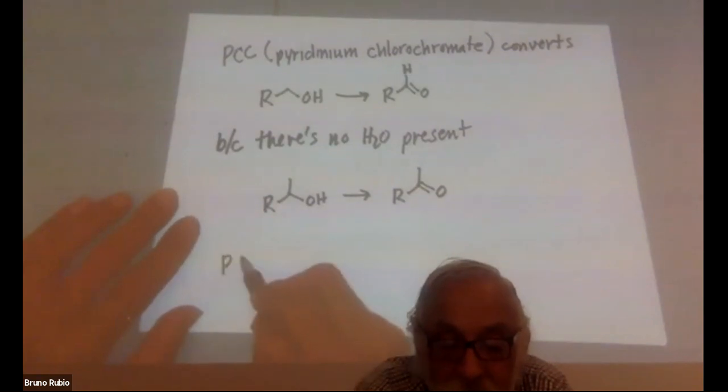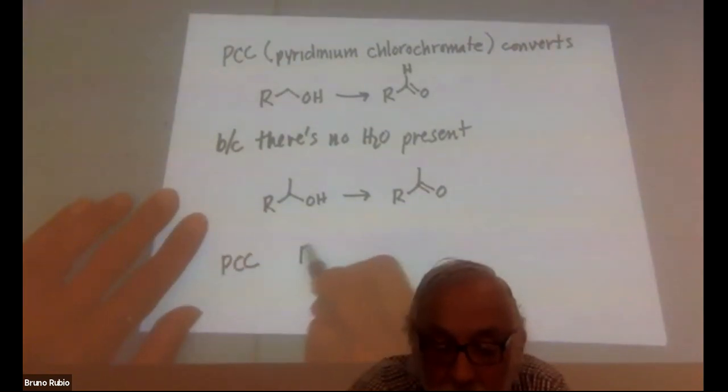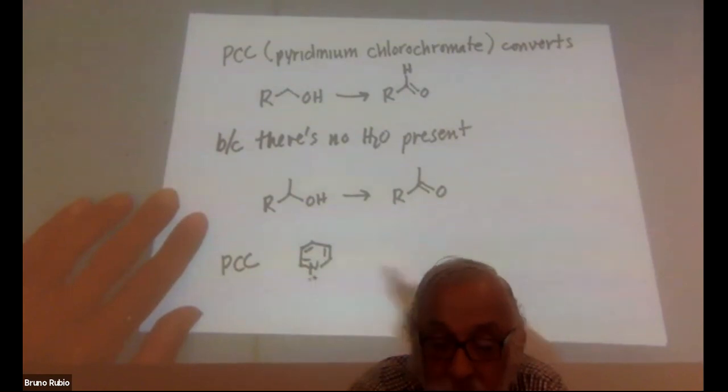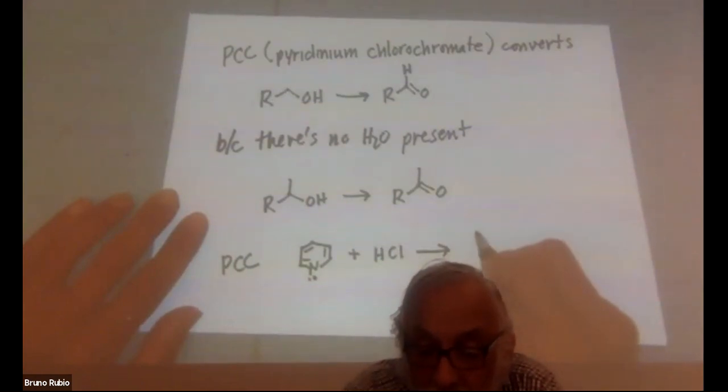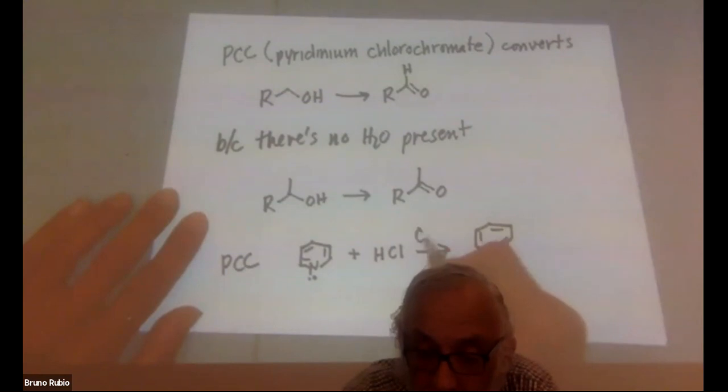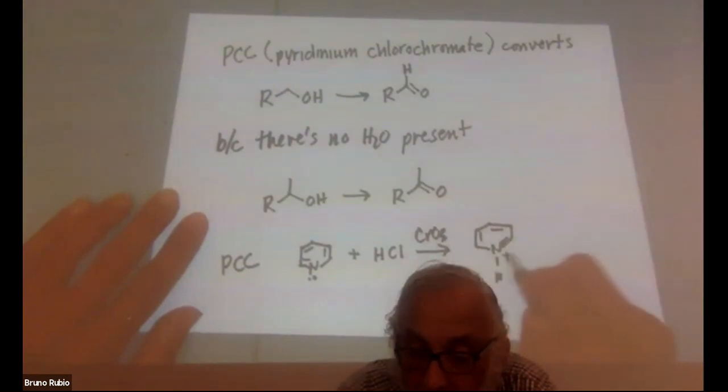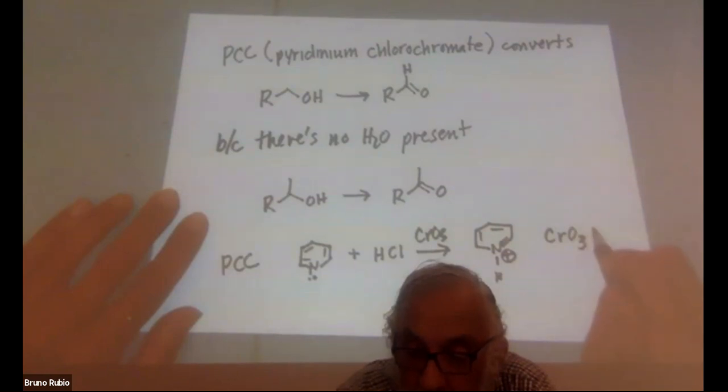So this PCC stuff, that's pyridinium chlorochromate. We take pyridine, react that with HCl, and we also have chromic acid, and we get this pyridinium chlorochromate, which is this species here, right?